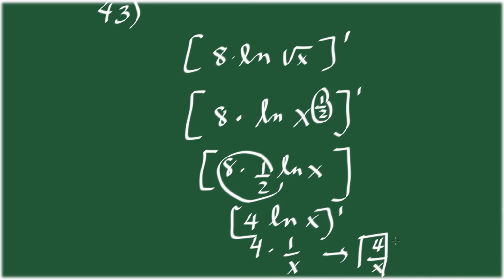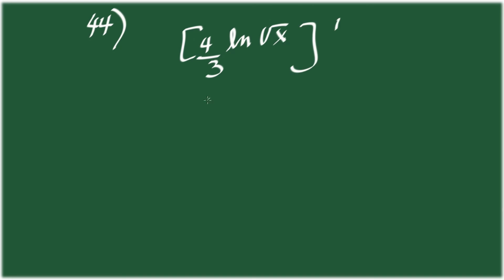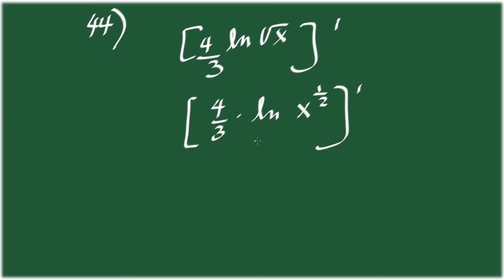Okay, let's look at question number 44. Let's say you have 4 natural log of square root of x. Let's say it's a fraction, 4/3. Using the property of log, we're going to rename that square root of x to x to the 1/2 before we differentiate this. And then the property of log suggests we multiply the natural log of x by 1/2.